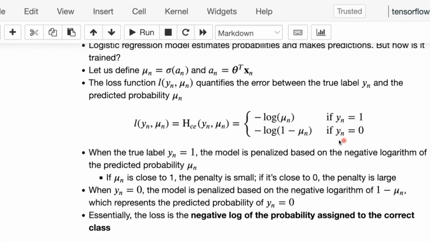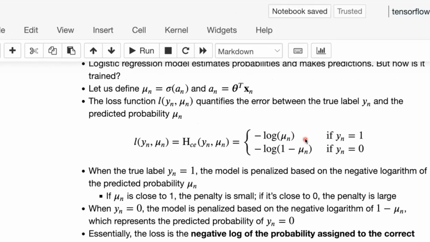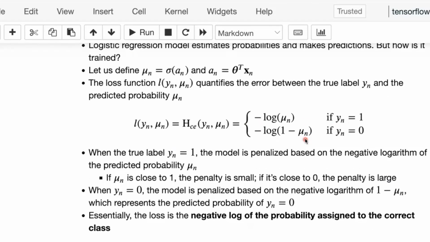And the same thing happens with y n equals 0, right? So in this case, we actually want mu n to be 0, because then it means that the probability that this data point belongs to class 1 is 0, meaning that the probability that it belongs to class 0 is equal to 1. So that's something that we want.